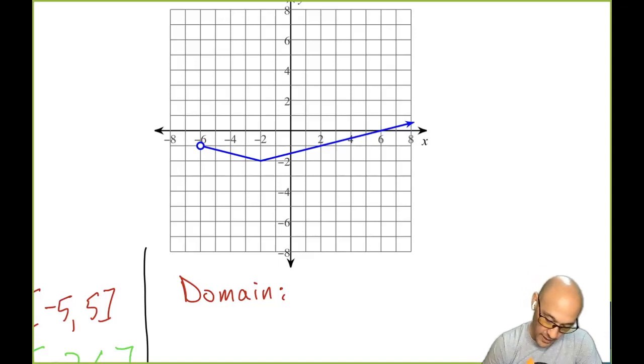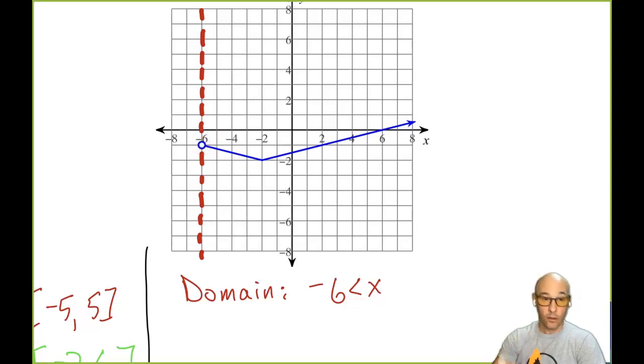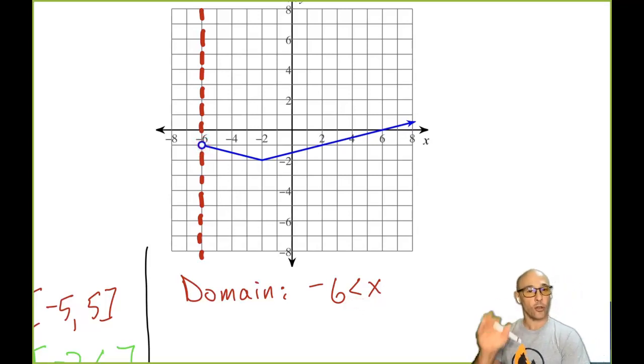So if we're thinking about a line here, I'm going to put a dotted line here to kind of represent that negative 6 doesn't count. So negative 6 is less than x. Notice it's not equal to because this is an open circle. If it were a closed circle, it would be equal to negative 6.